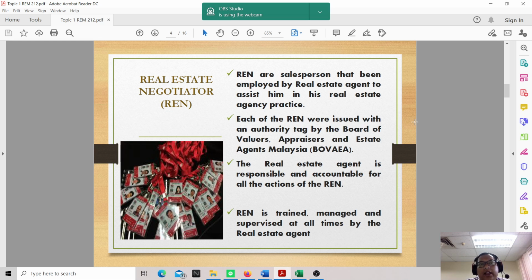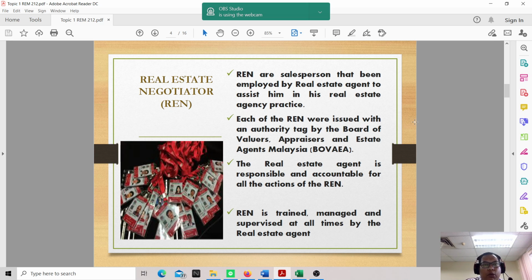Currently, for Universiti Teknologi MARA, UiTM, our diploma in estate management is certified by the board of valuers for you to become a registered estate agent. So this is a very important factor.